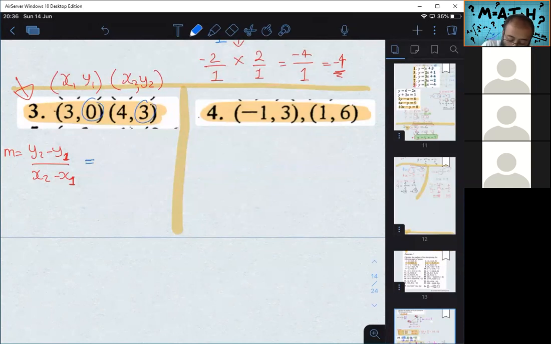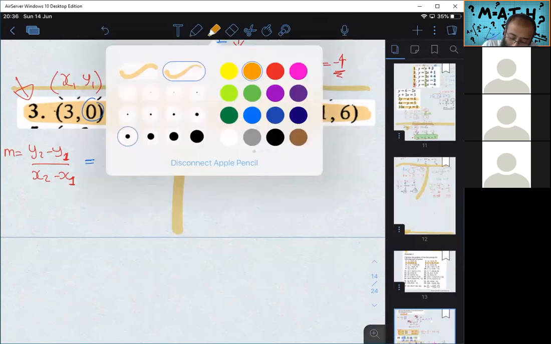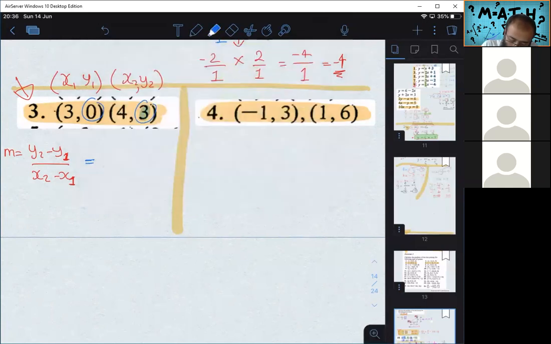Okay, so y2 minus y1, where's my y2 value? Look at the highlight. 3 and 0. So what do you do with those 2 numbers? You write 3 take away 0. Okay, so remember y2 minus y1, you're following the letters that you've written on top.